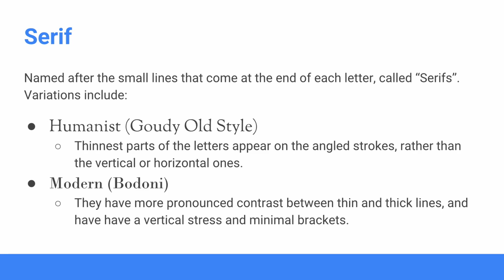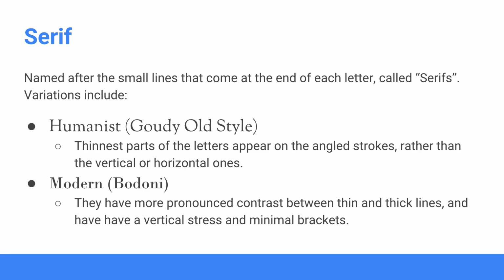The humanist type of serif font basically has the thinnest parts of the letters appearing usually on the angled strokes rather than the vertical or horizontal ones. These are usually characterized by feeling like somebody could have written this, maybe with a pen or some kind of human usable tool, right?